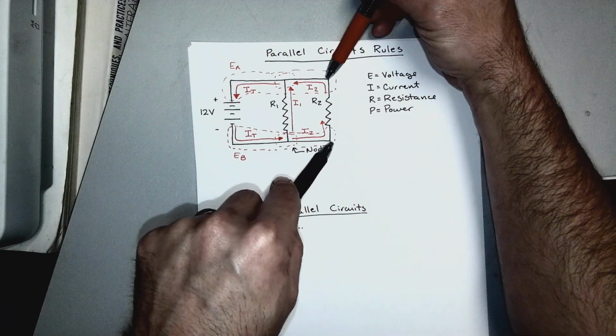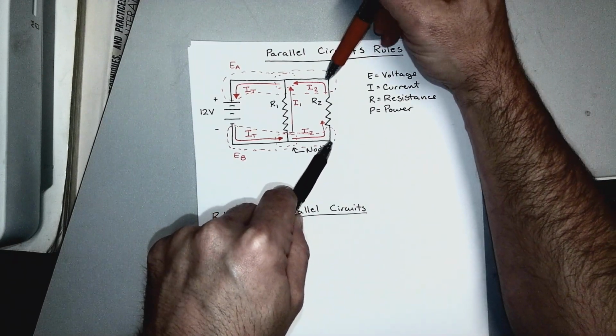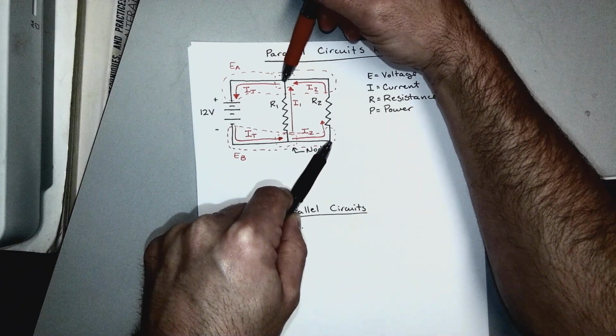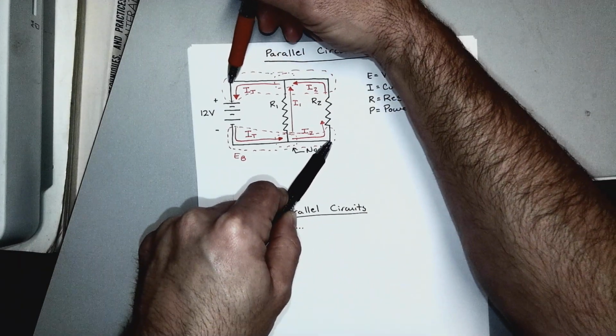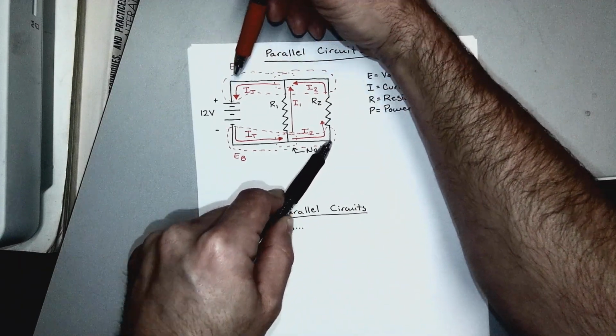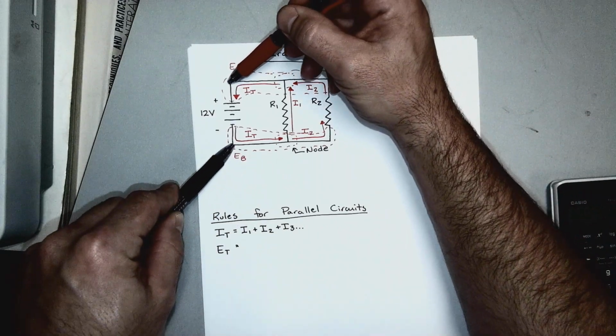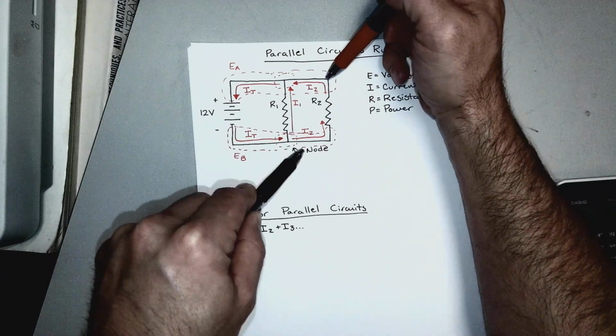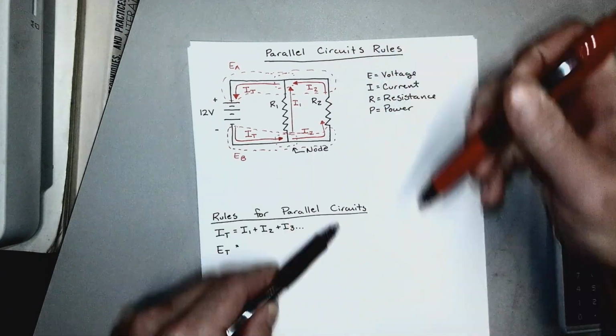And the same thing happens if we come over here and read R2. And in fact, if we read like this, we would also get 12 volts, okay? And so the voltage across the battery is going to be equal to the voltage across R1 is going to be equal to the voltage across R2.